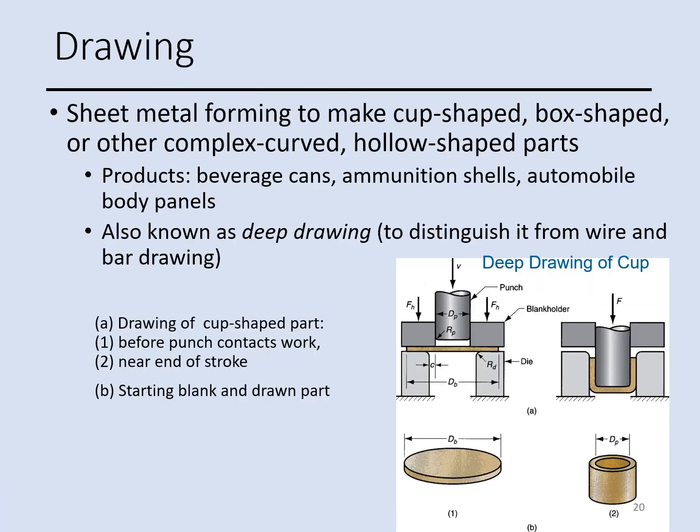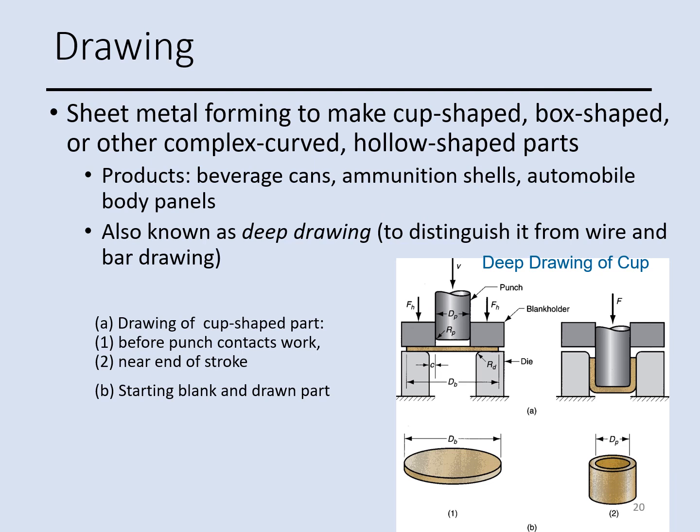The next operation is called the drawing process. In this sheet metal forming process, we can make a cup shape, box shape, and other complex curved parts. Beverage cans are one example of the drawing operation. In this operation, the blank is positioned over a die cavity.